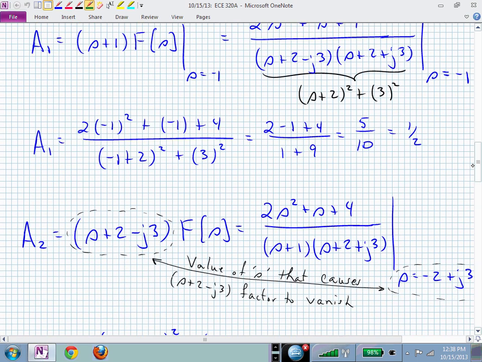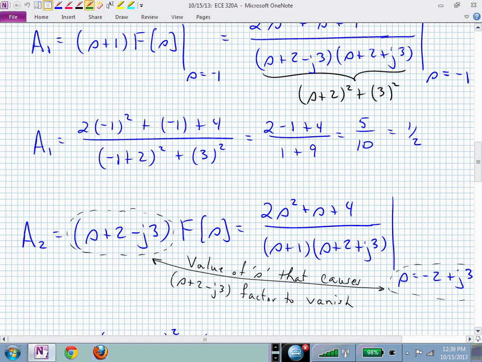So we have 1/2. Now to find a sub 2, we do exactly the same thing. These are distinct roots. We multiply the left-hand side, the capital F of s expression, by the factor that was underneath a sub 2. And that factor was associated with the pole that's in the second quadrant in the complex s-plane.